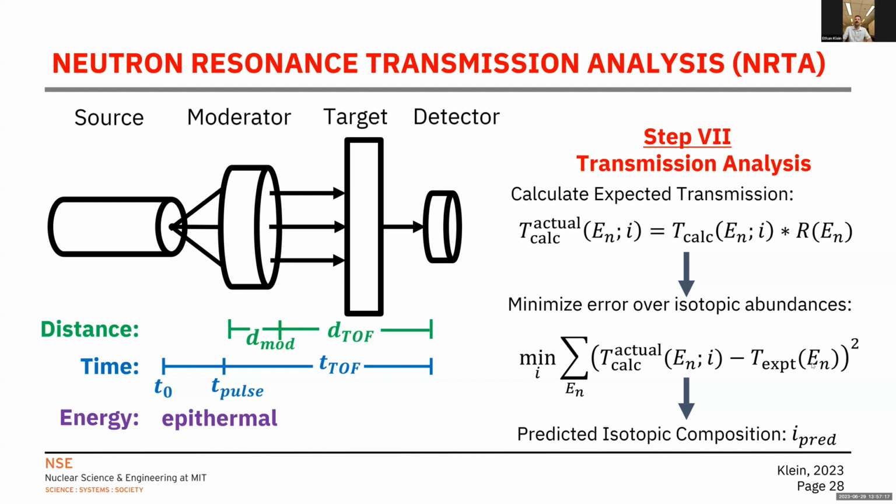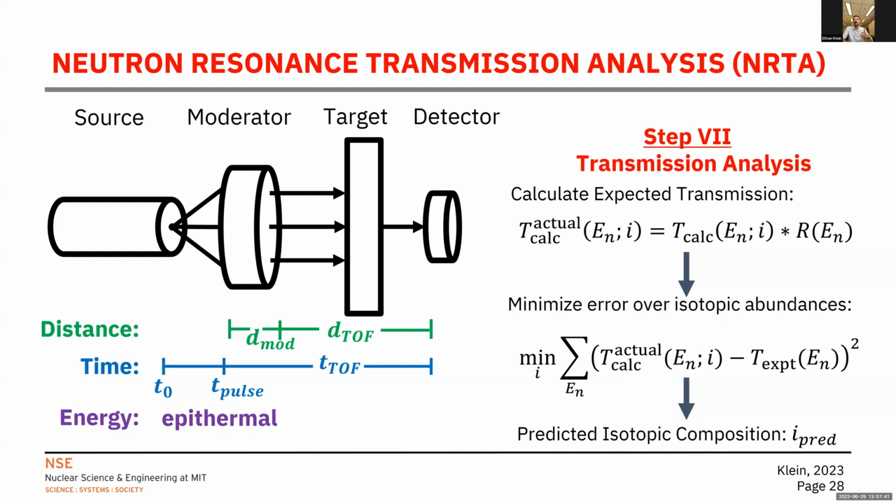Now, what we can do is define an error term here, which is the difference between your calculated neutron transmission and your experimental neutron transmission. And what we can do is vary over the different isotopes present and their different abundances. And we can see which combination of those gives us the least error between our calculated transmission and our experimental transmission.